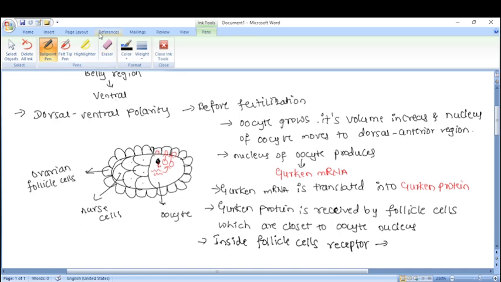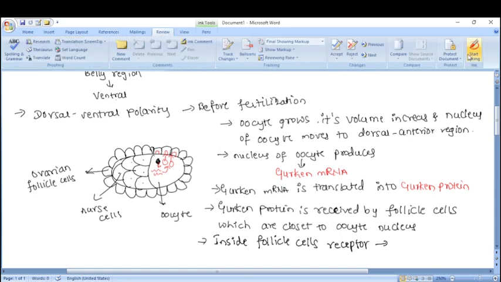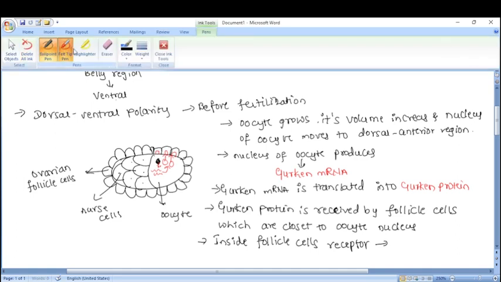That receptor is the torpedo receptor. Remember the name of the receptor, torpedo receptor.